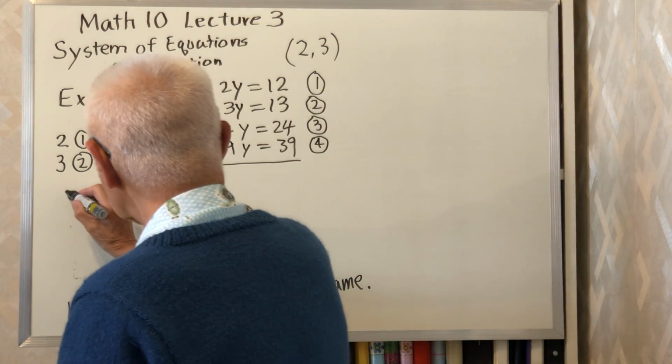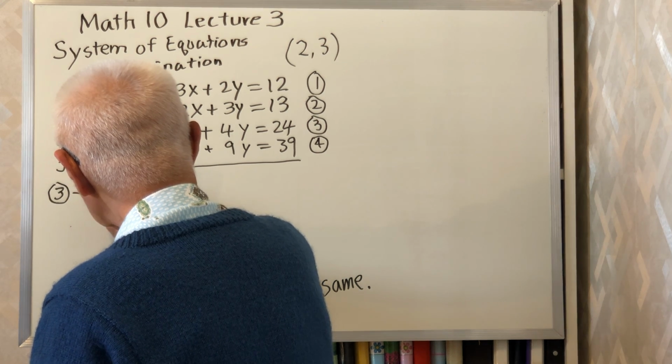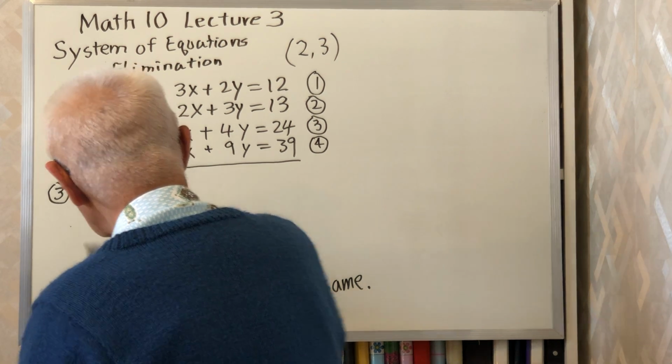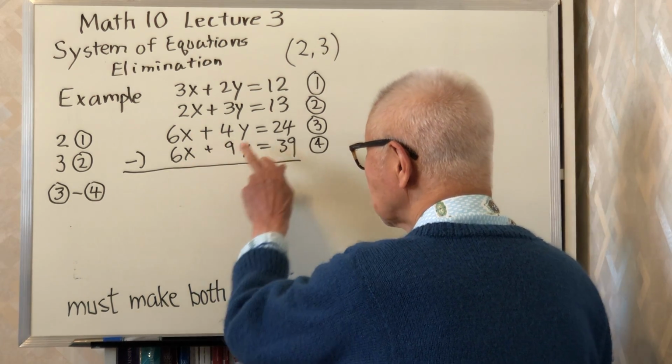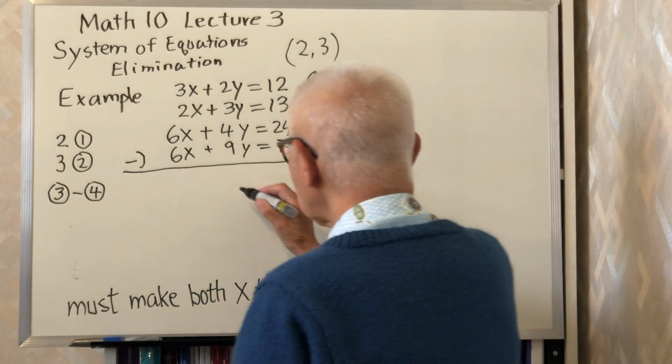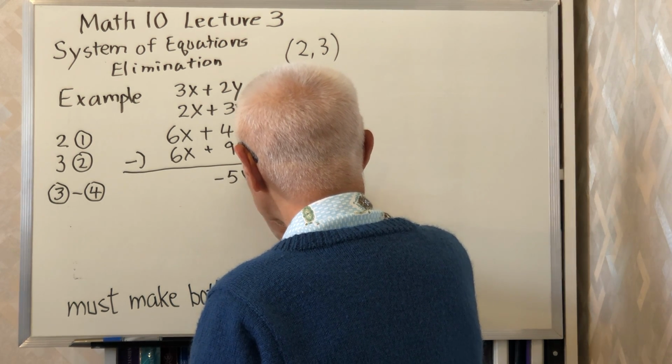So equation 3, subtract equation 4. This is gone. So this minus that, I have minus 5y.